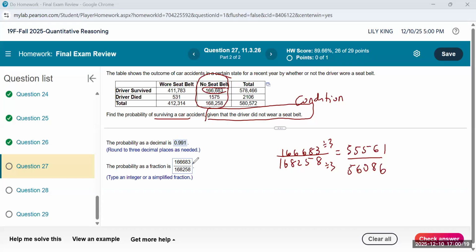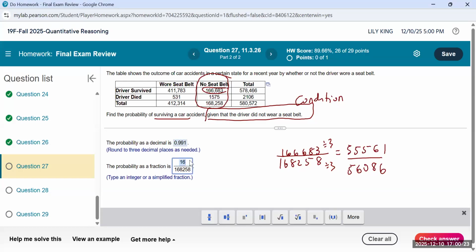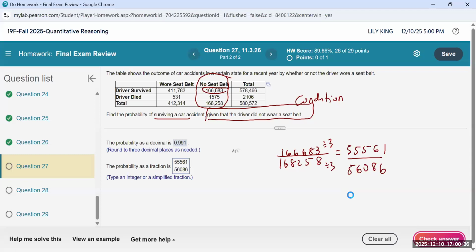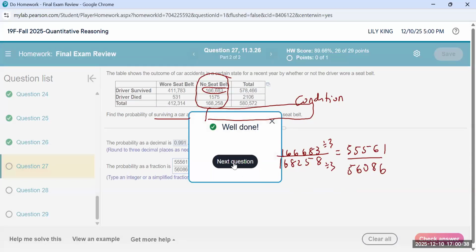So I think this should be the reduced form then. We have 55561 divided by 56086. Okay, perfect.